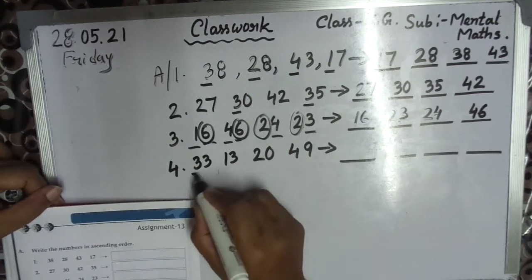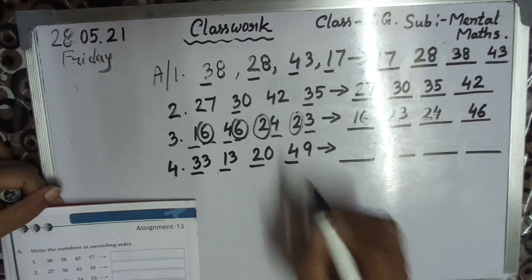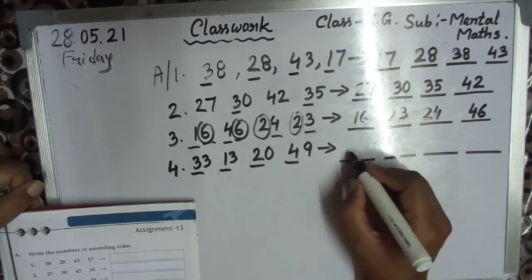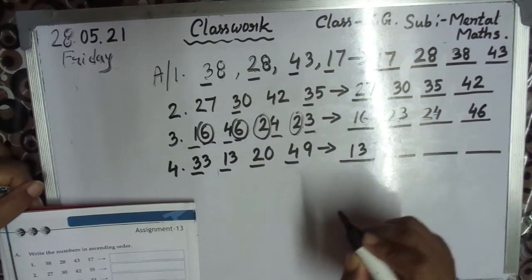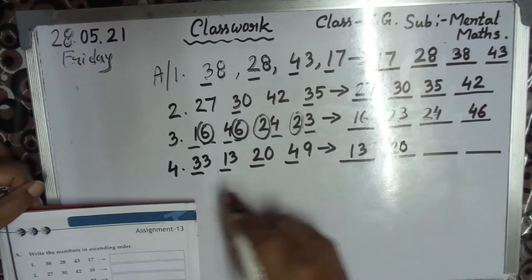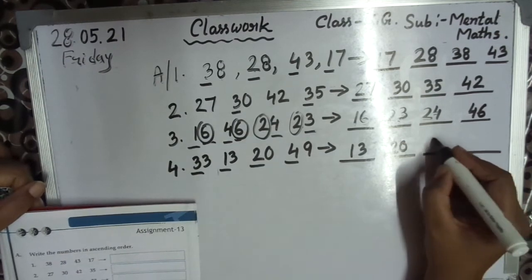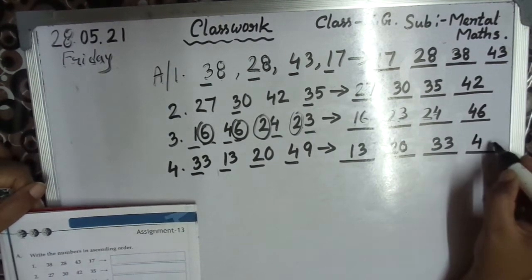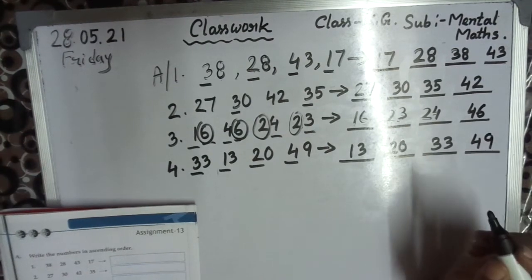So tens, I mark it. Okay, first one, see, 1 tens. So 1, 3, 13. Next 2, 20. Next 3, 33. Last one 4 tens, 49. Okay.